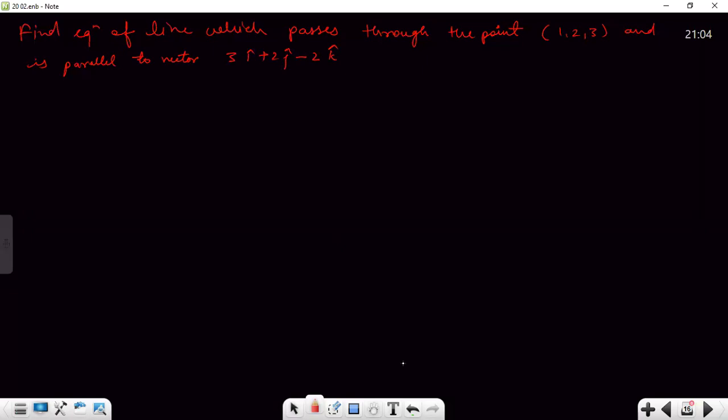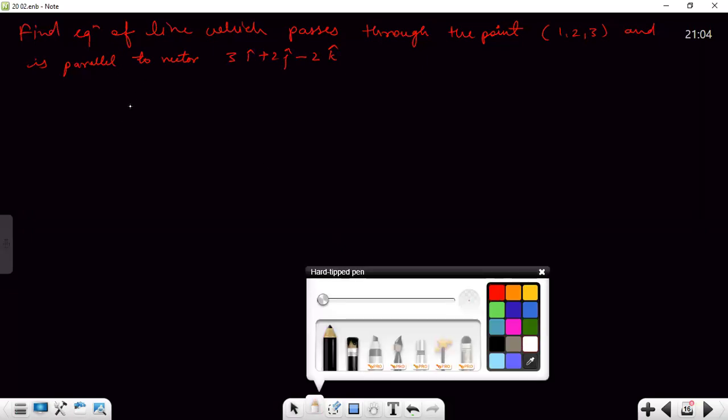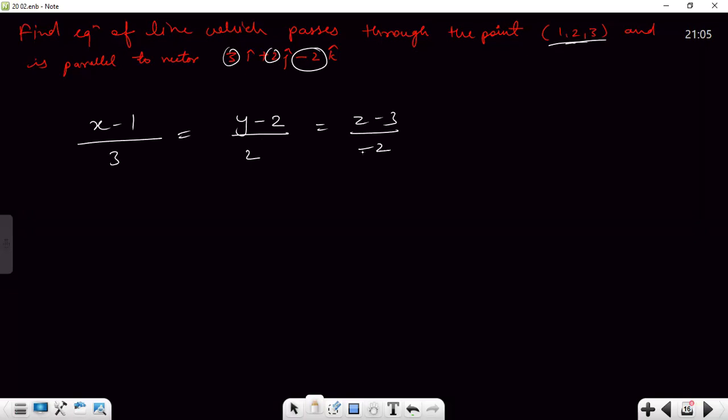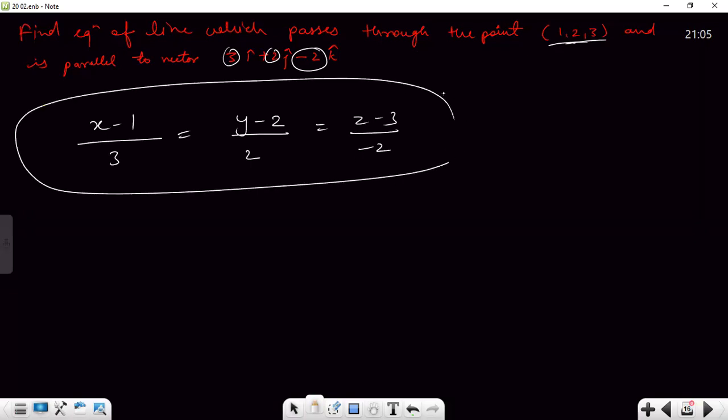Simple. Everything is given on a platter. The equation of the line is passing through this point x1, y1, z1, and this is the parallel vector, so this is the a, b, c. X minus 1 divided by 3, y minus 2 divided by 1, z minus 3 divided by minus 2. This is the equation of the straight line.